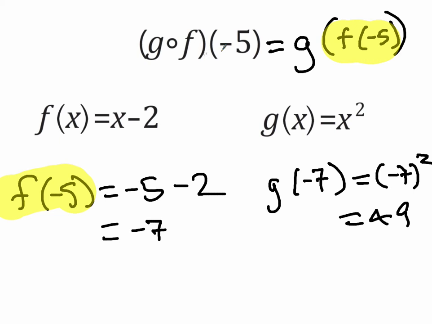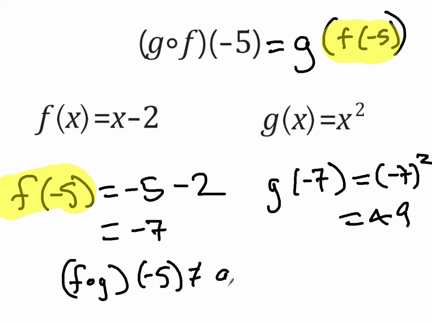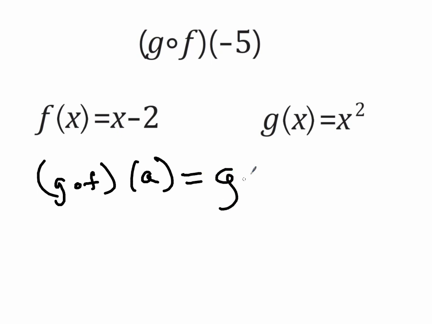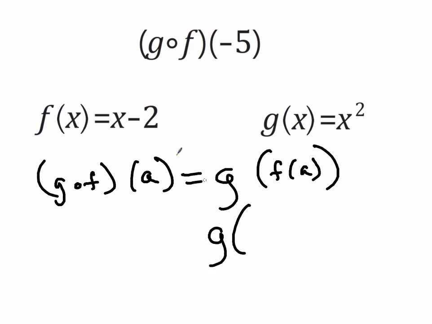So f of g of -5 gave us one value that was totally different from g of f of -5. These two things are not the same. And in fact, let's find g of f of x. Actually, I'll use a. What's g of f of a? What's f of a? Well, if you plug in a to f, it takes that value and subtracts 2.